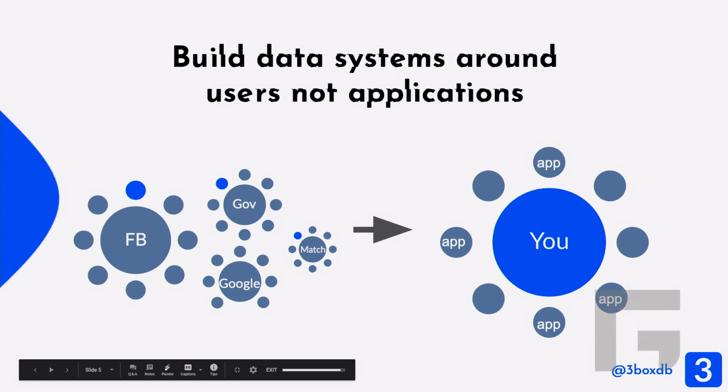It doesn't really belong to you after you've created it. To move to a system that's more like the one on the far side there, where we actually have your data centered around you and these applications that can use data rather than manage it. So it's kind of a way to flip how we think about data, and it's quite a fundamental difference in how we architect user data.